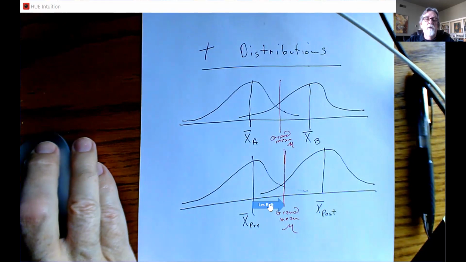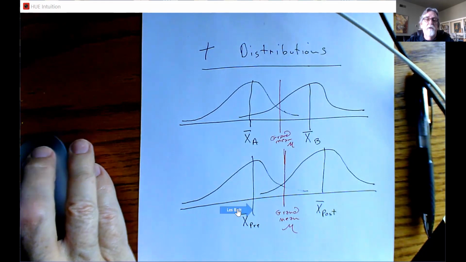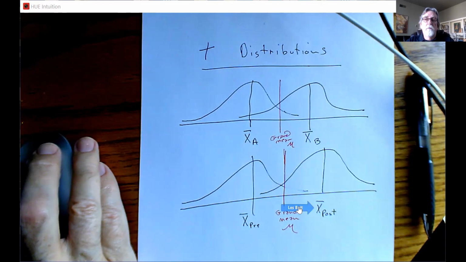And the question we ask then is whether the mean of individual subject scores on the pre-test is significantly different from the mean of the potential individual scores on the post-test.